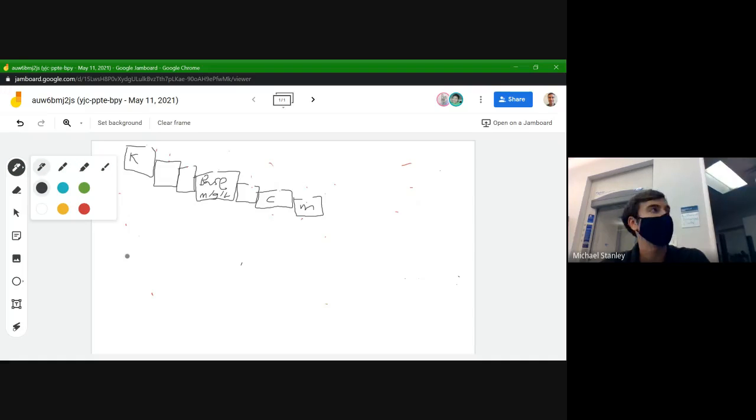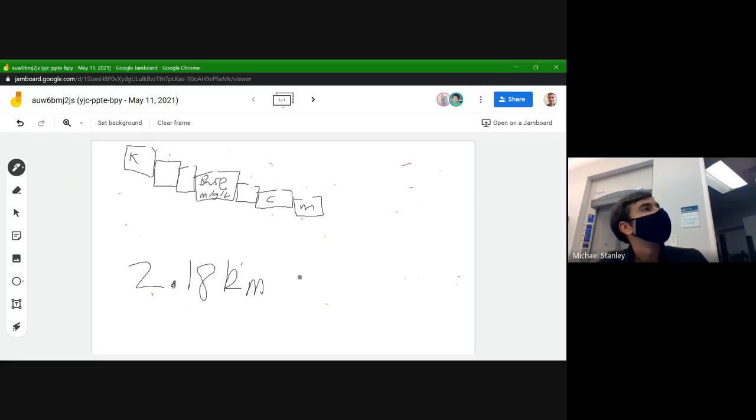So let's say I have 2.18 kilometers. This is a K, not an R. Kilometers. But I want to know how many meters I have.